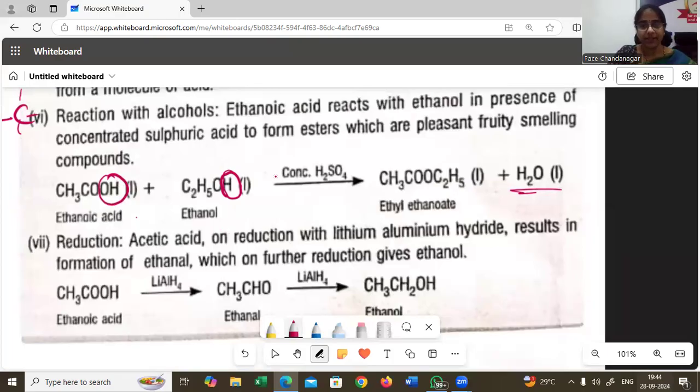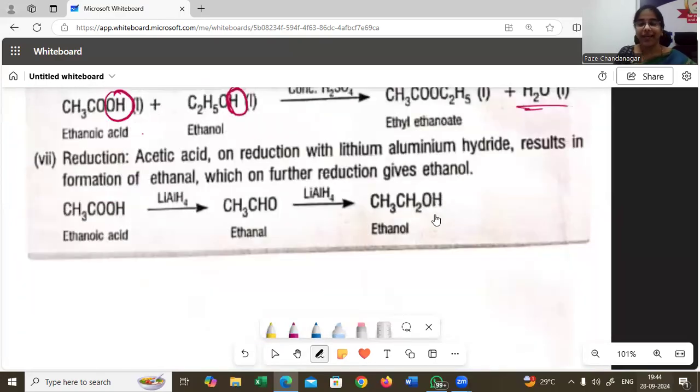Reaction with alcohols. Then you have what is showing here. This is your reduction, and LiAlH4 is the reducing agent, or you can use concentrated H2SO4. But here we don't use concentrated H2SO4 because it is an acid, and the acid may end up in your mixture there.